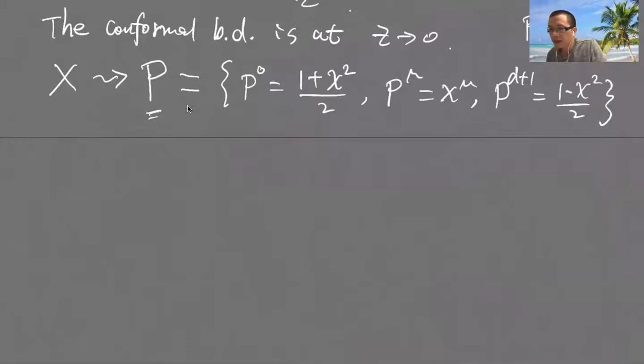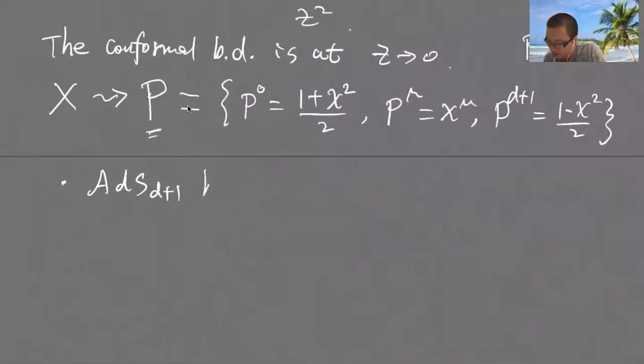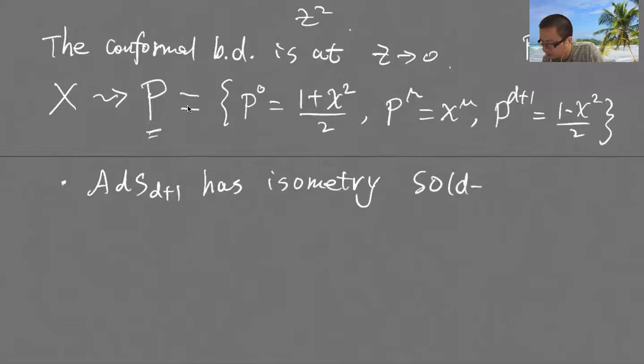What else? Right. So one more thing. AdS d plus 1, well, it's obvious, has isometry SO(d+1,1).